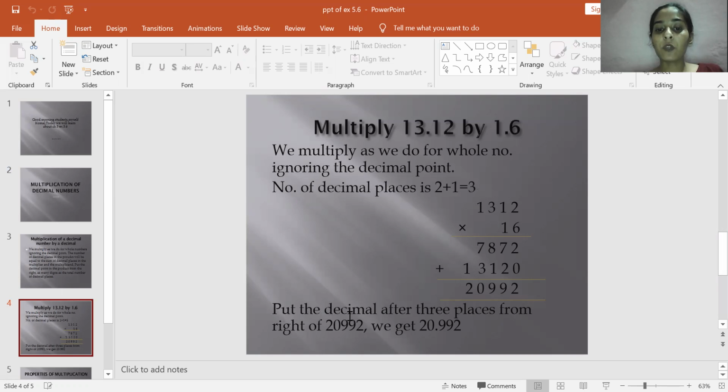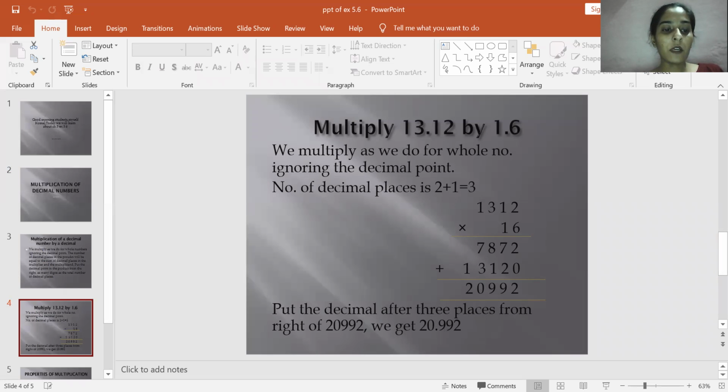Put the decimal after 3 places from the right of 20,992, and then we get 20.992. As you can check, we place our decimal after leaving 3 digits from the right side.